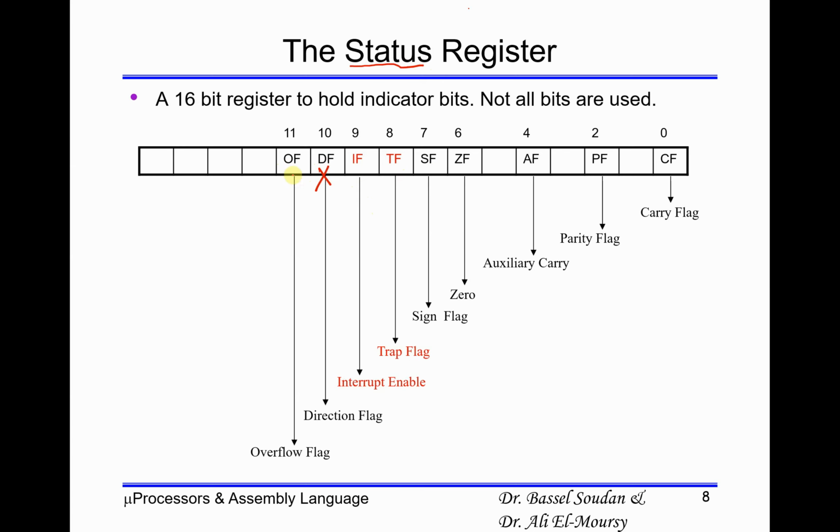We talked about the overflow flag, the sign flag, the zero flag, the auxiliary flag, the parity flag, and the carry flag. The direction flag we will not study, we skip it in this course. Left for us for this machine is to talk about those two flags.